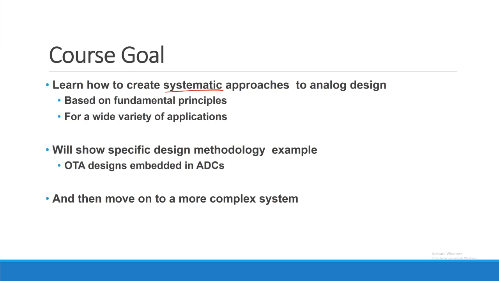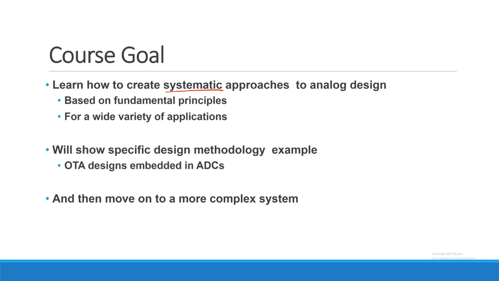And again, cost could mean area, power, performance, etc. So really the goal is to enable you to understand how you would create your own design methodology in a bunch of different applications. Because obviously there's no way that I'm going to be able to cover every single application that you might ever come across.